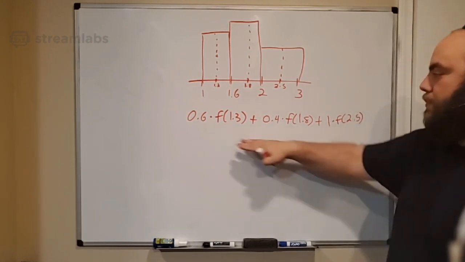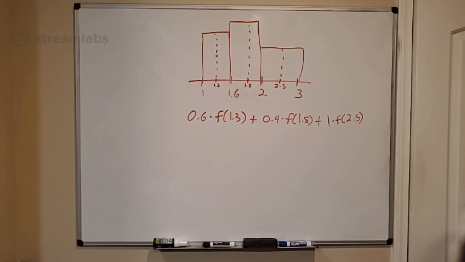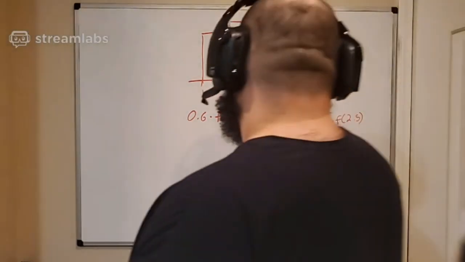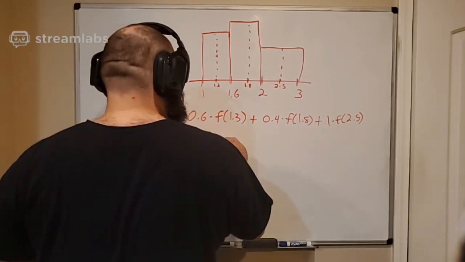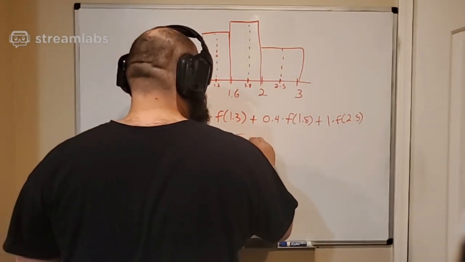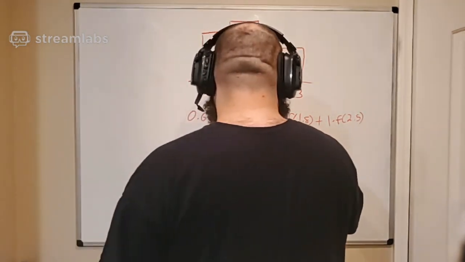Now, the only thing we have to do to be able to get full credit for this is figure out what your function values of 1.3, 1.8, and 2.5 are. You can get those from the calculator. And you really don't even have to do that. Remember, this is free response. So if I want the value for 1.3, it's 0.6 times cosine of the square root of 1.3. This one's 0.4 times cosine of the square root of 1.8.